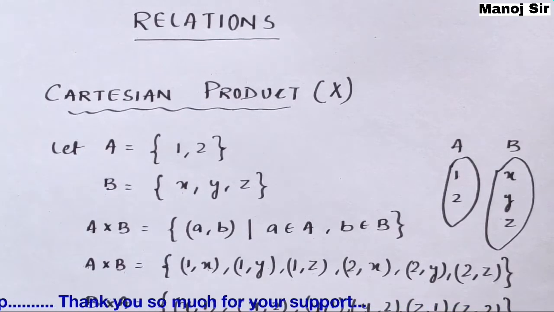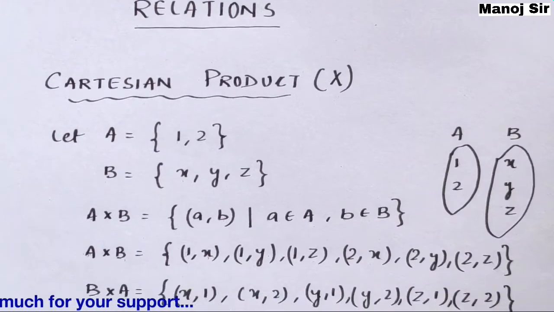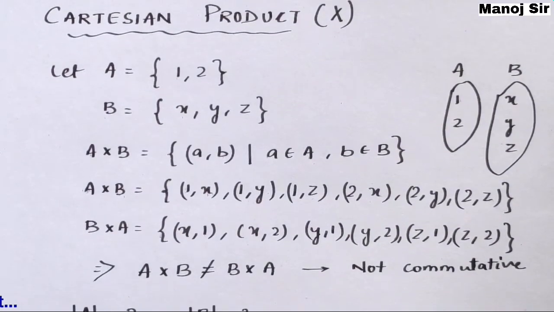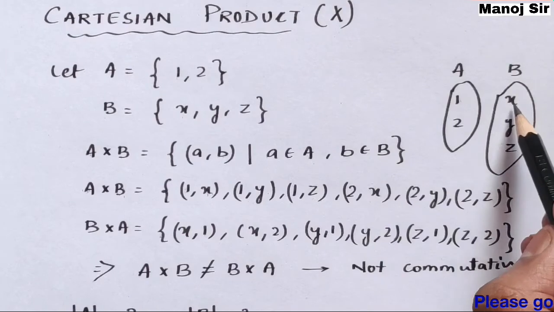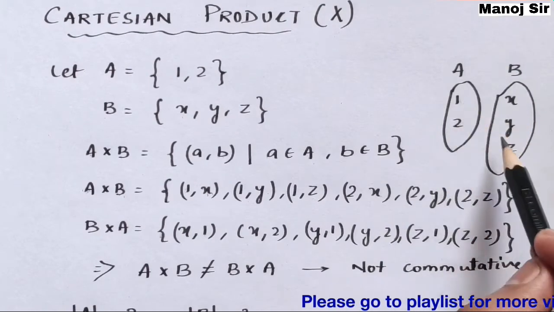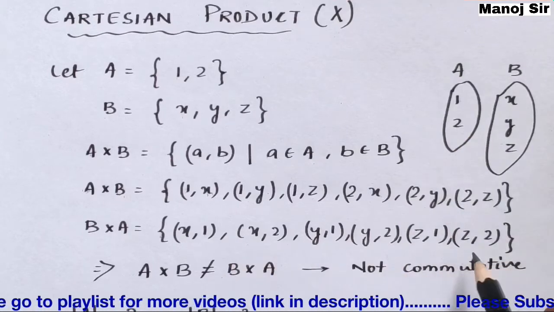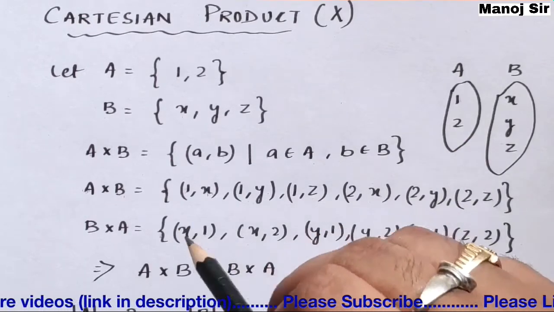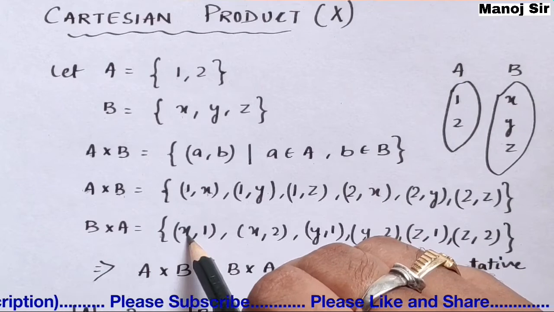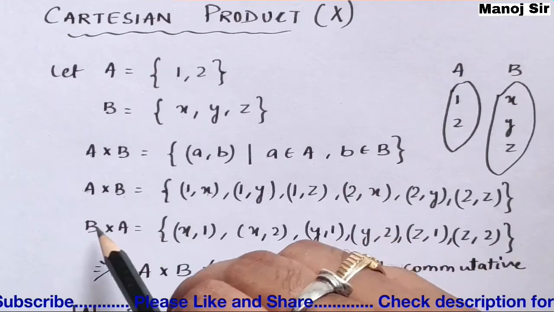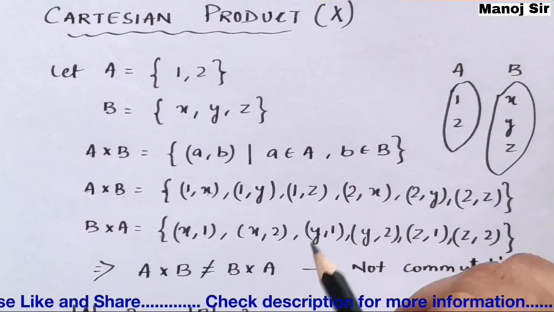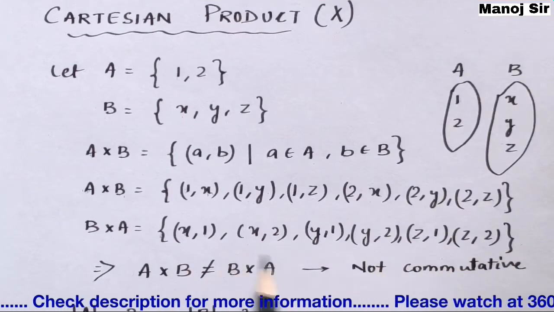But if you want to find B cross A, in that case it is x comma 1, y comma 1, z comma 1, x comma 2, y comma 2, z comma 2. Here again x belongs to B and 1 belongs to A. These are all ordered pairs, so the order matters.